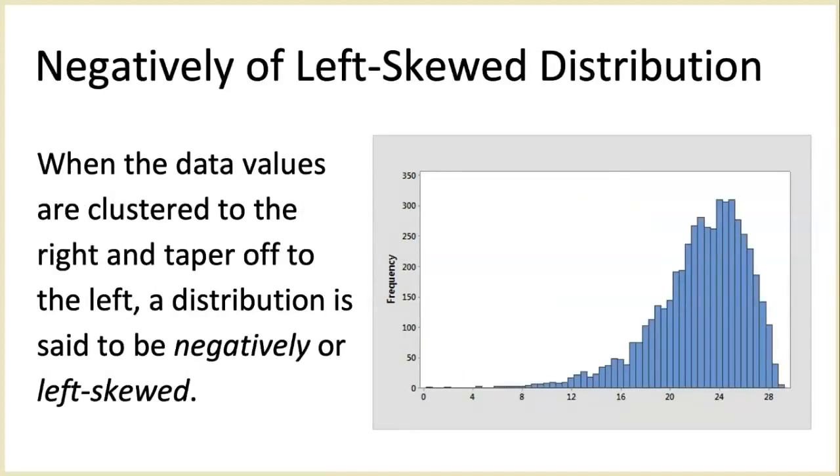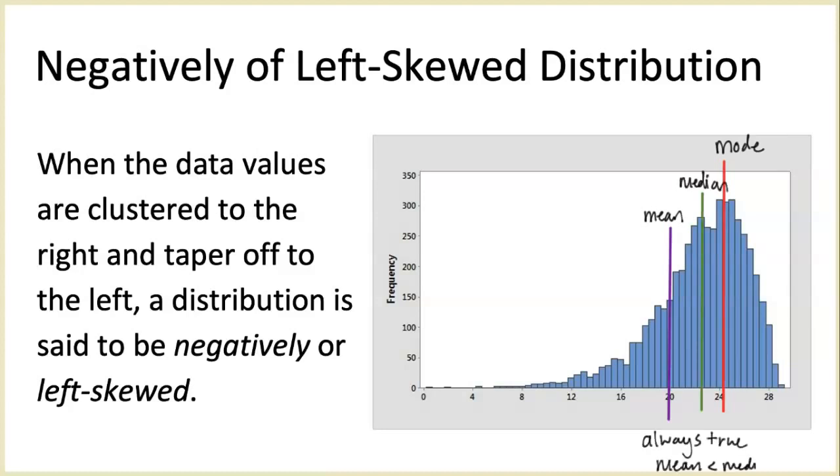For a distribution that's negatively skewed, the mean is always a lower value than the median. And the mode, typically, if we don't have access to the data and all we have is the histogram, we generally look at the mode being in whatever the highest bar is.